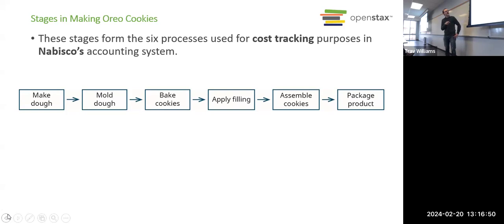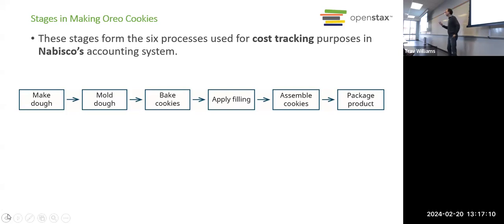So you might have one department that actually makes the dough. They take the different ingredients and mix them together, but then you have another department that molds the dough into the right shape. And then you bake the dough, right? And it turns into a cookie.